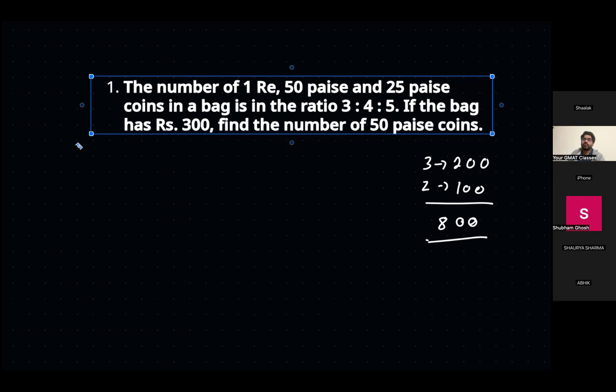Yes or no? Yes. But how many notes do you have? Five. So this is different and this is different. What you're given in the question, this 300, is value. So solve accordingly. One second.